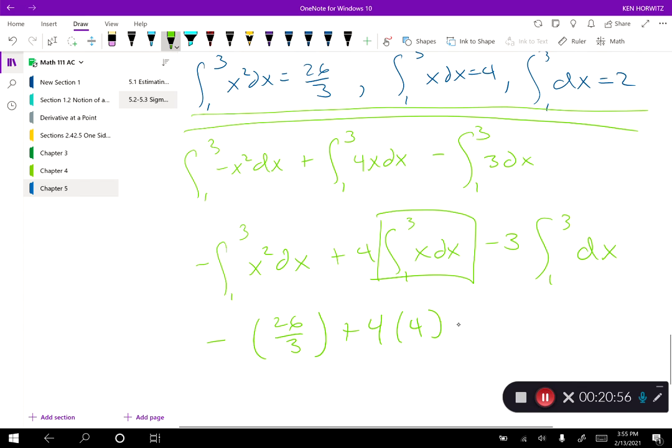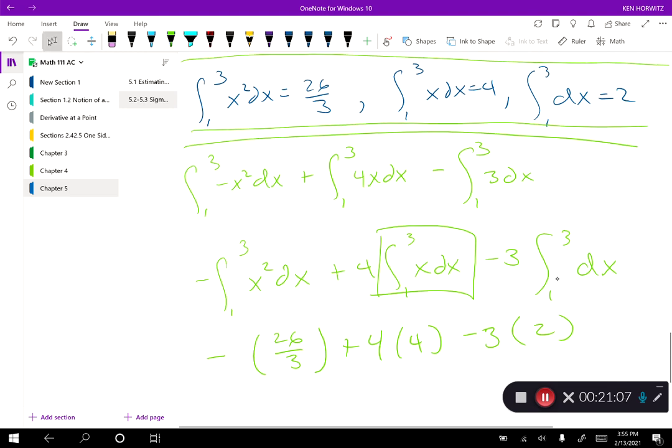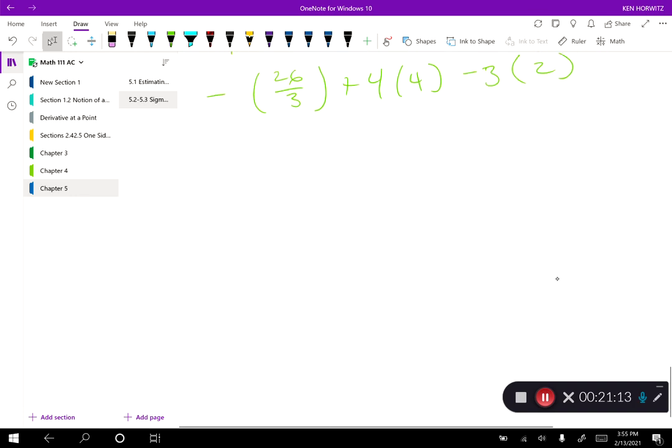And then I'm going to take minus 3. And I'm going to substitute in at the end 2, right? And again, I got those directly from the information contained in the problem. All right, so why don't you at this point evaluate that? You should be able to do it without a calculator. And I'll talk about the answer on the back end.